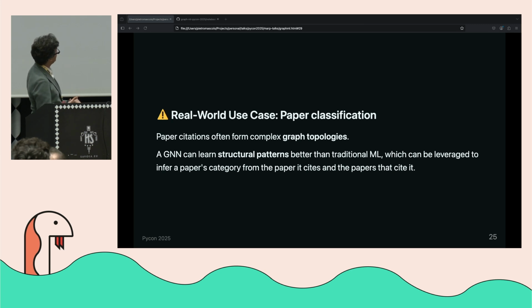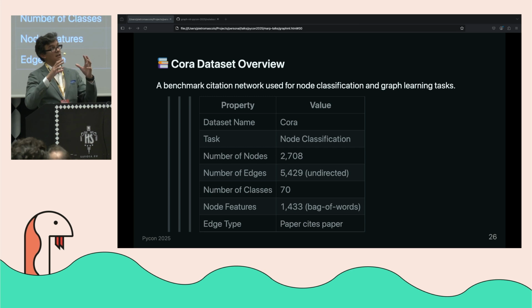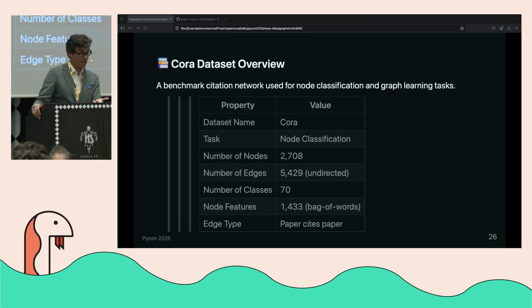So I'm going to be using a graph data set, which is called Cora. It's a citation network. I'll give you a few numbers about it in a second. It essentially represents multiple papers. We're talking about 2,700 papers that are connected with each other via citations.